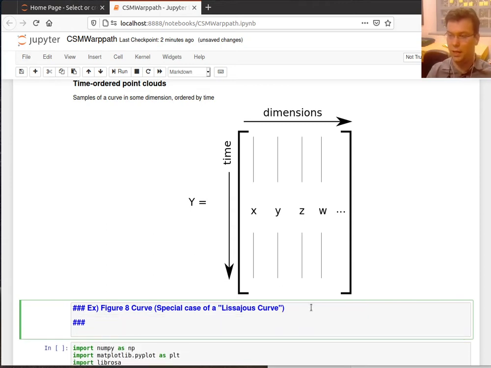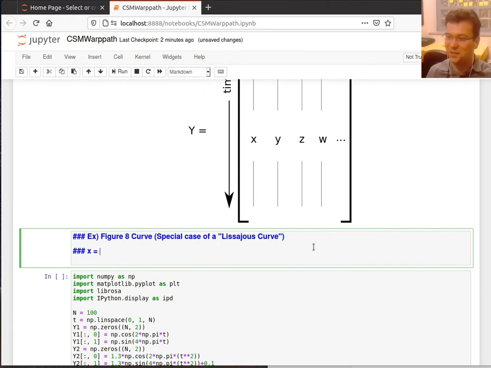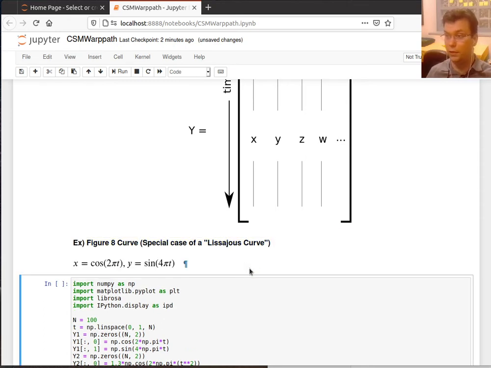My x-coordinate is equal to cosine of 2 pi t, and the y-coordinate is equal to sine of 4 pi t, actually. So the y-coordinate ends up going through 2 cycles for every 1 cycle of the x-coordinate. Turns out that makes a figure 8.